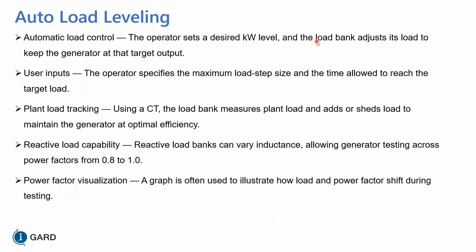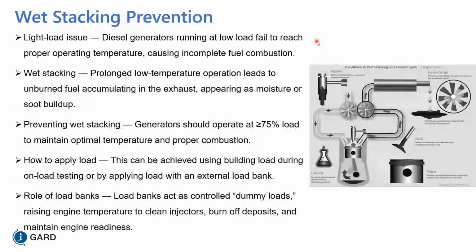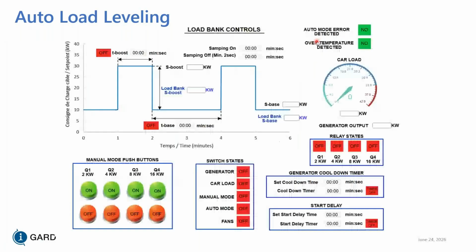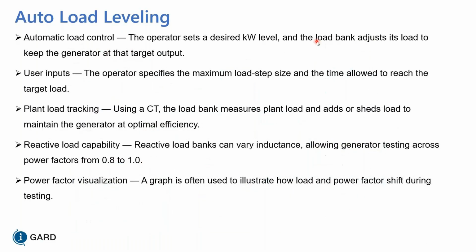If you don't have incomplete fuel combustion, you're going to get a lot of carbon buildup, and it's not going to make the generator run efficiently. So having an auto leveling load bank will have more efficiency and lower your maintenance costs on the generator. Well, on the engine, basically, not really the generator, but the engine.